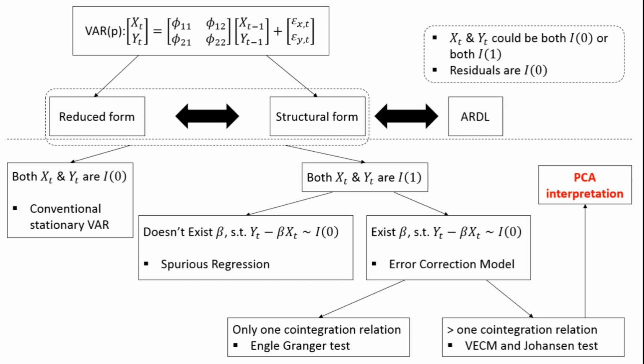But in the situation in which there exists a beta such that yt minus beta xt is stationary, we have error correction models. So with only one cointegration relation, we estimate an Engle and Granger test. In the situation in which we have many cointegration relations, we have the vector error correction model and the Johansen test to run.